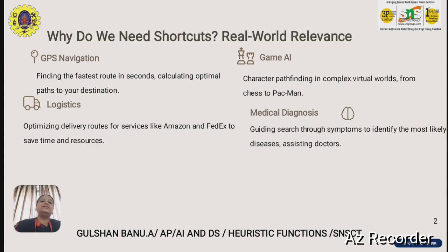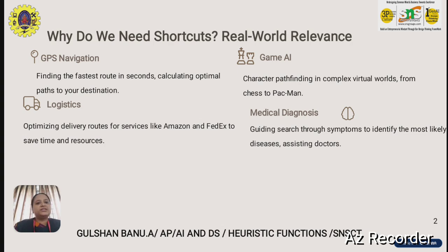It finds the fastest route in seconds. It calculates the optimal values. The next thing is logistics. Examples could be Amazon and FedEx, which save time and different kinds of resources.